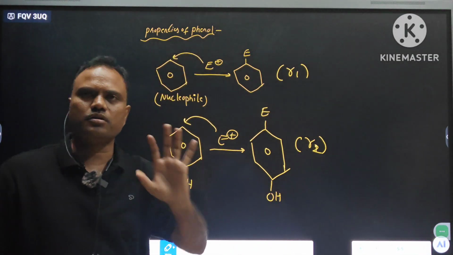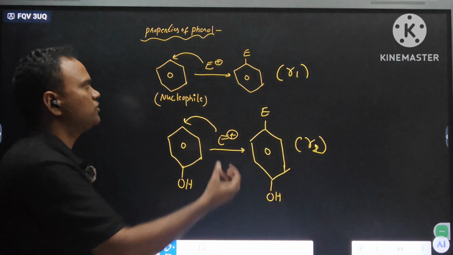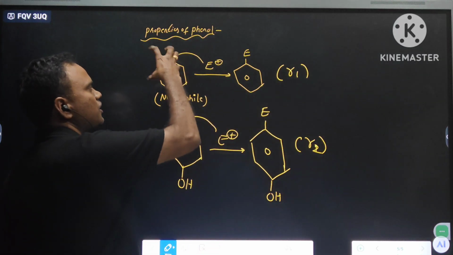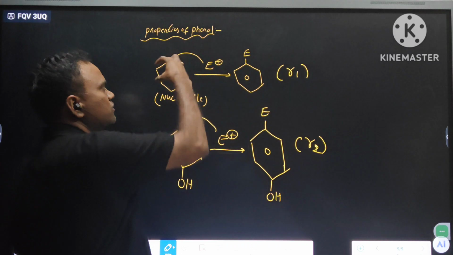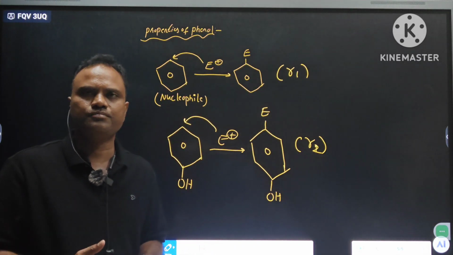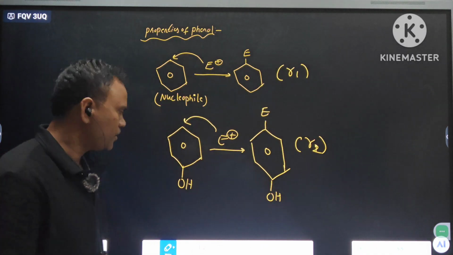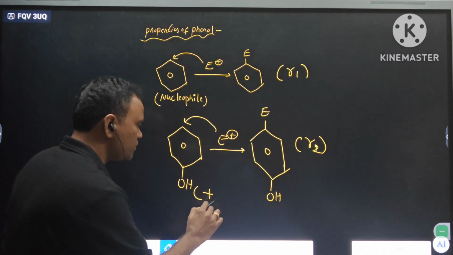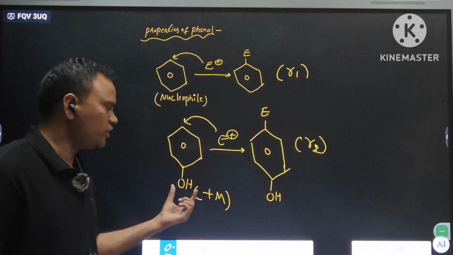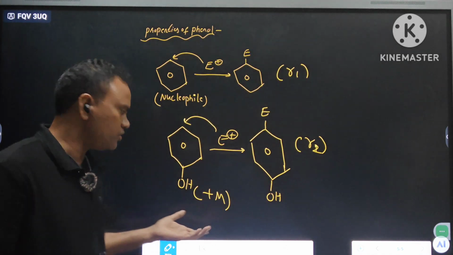Electrophile is coming for the electrons, right? Electrophile requires electrons. For that, electrophile is reaching the ring, attacking the ring. If the ring is having more electrons, then electrophile attacks easily, fastly or readily. OH is a plus M group, an electron donating group.